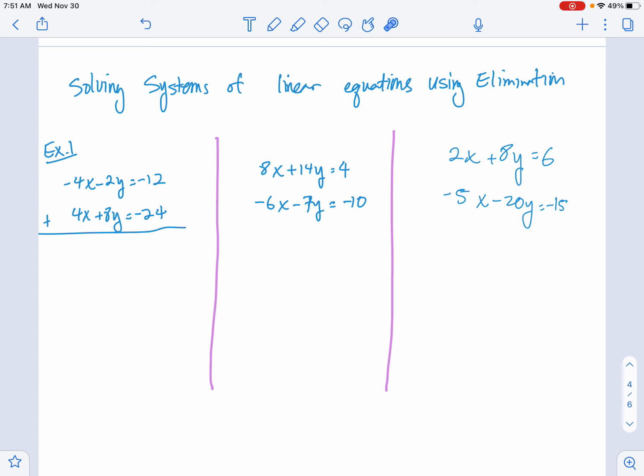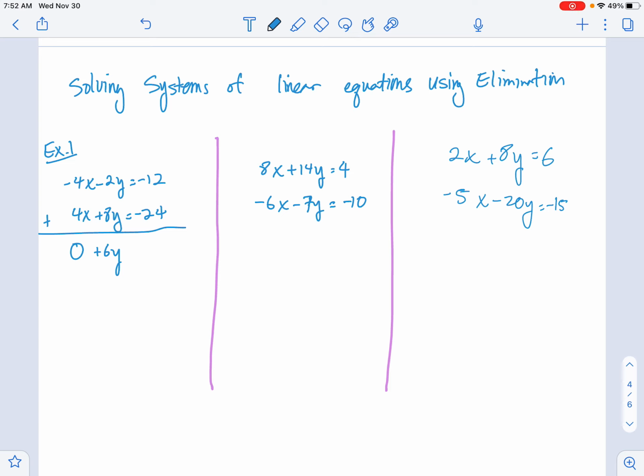So when I add them together, we're going to add straight down, and you're going to see that the x values cancel out, they eliminate. Negative 4x plus a positive 4x gives me 0. That goes away. Okay. And then negative 2y plus 8y gives me a positive 6y.